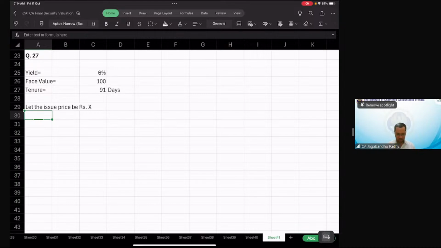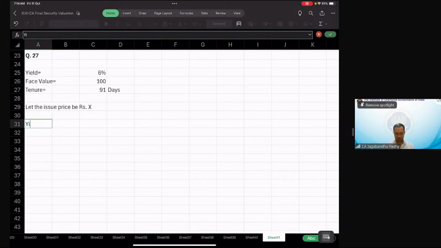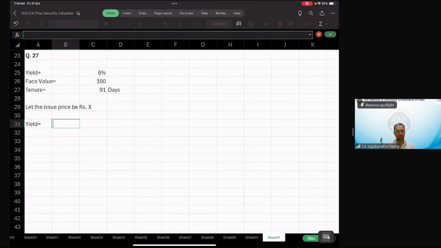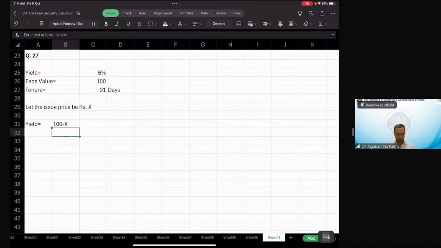We know the yield calculation in the case of a treasury bill. Yield is computed as the interest that you're going to get. That interest is nothing but the total maturity value, which is 100, minus the issue price. This interest that you're earning, divided by the price which you're paying, is the yield.